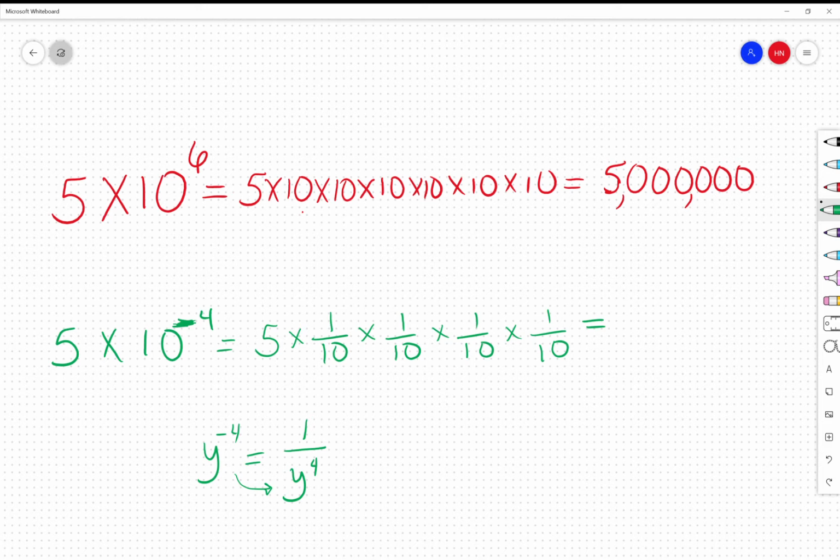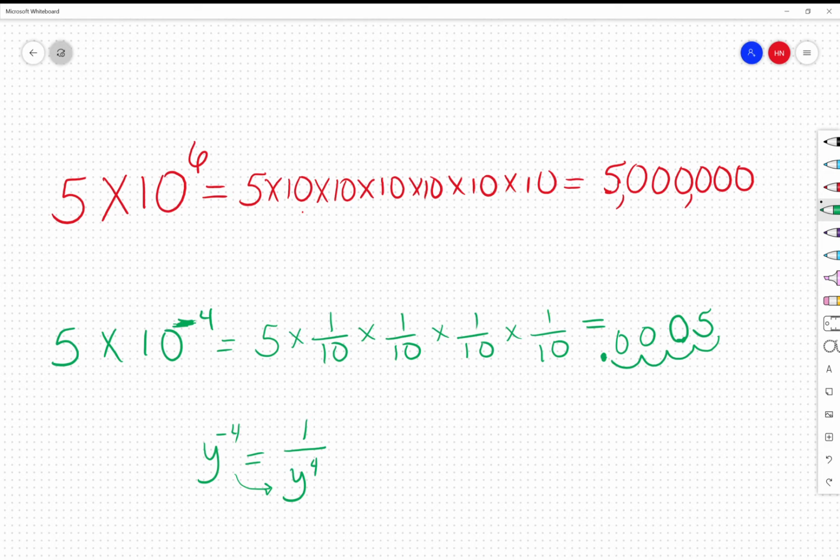Now, the decimal is always on the right-hand side of a whole number, that's standard knowledge. And when you divide by 10, the number gets smaller by a magnitude of 1. So if I divide by 10 one time, it would be 0.5. If I divide by 10 one more time, that would become 0.05, and so on and so forth. So if I divide by 10, 4 times, it would be 1, 2, 3, 4, and the decimal would end right there.